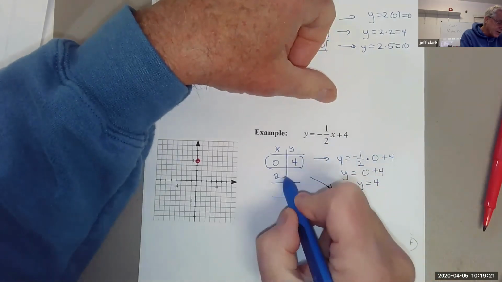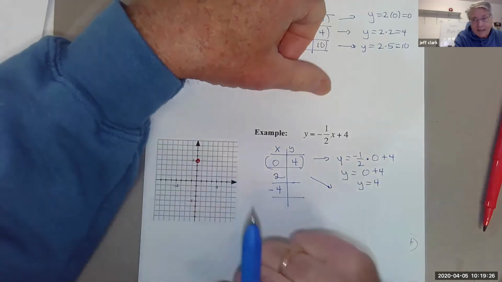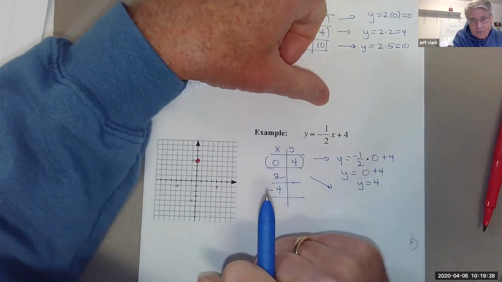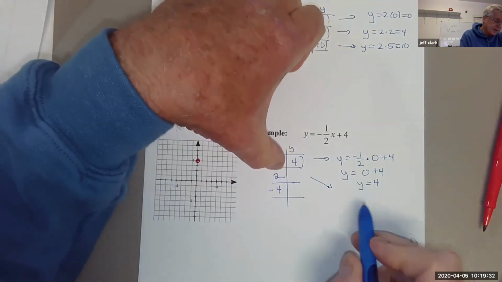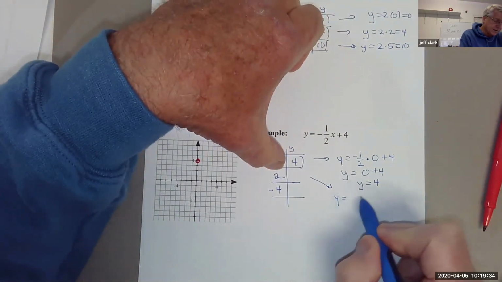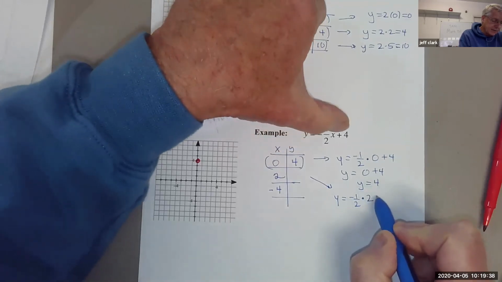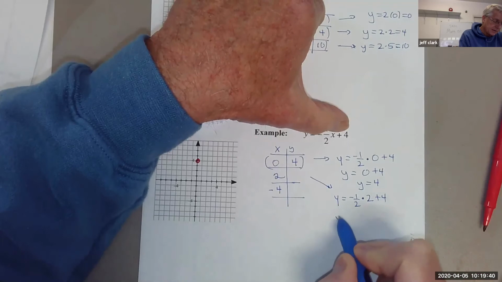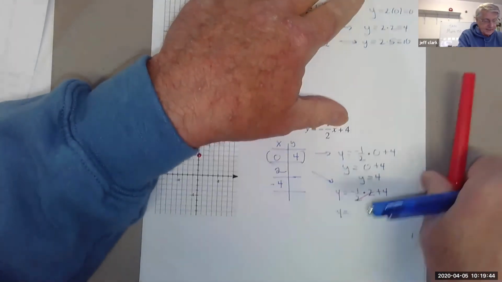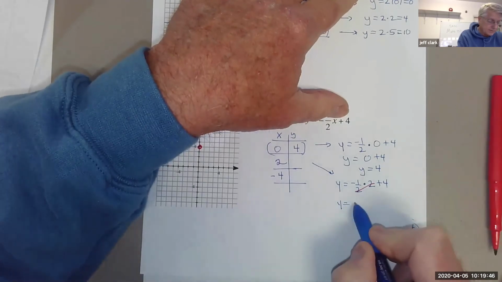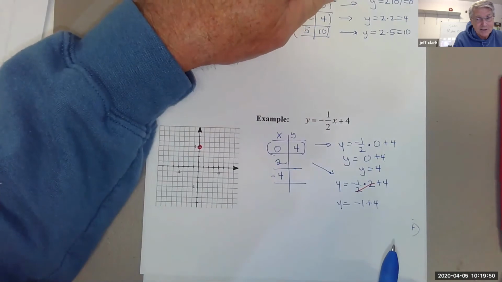If I pick a 2, and let's say I pick, oh, let's just for the heck of it, pick -4. So any multiple of 2 will make the denominator go away. So this one here, I go Y equals, okay, that's still -1/2, but times 2, and then plus 4 here. And these go away. You're still left with a -1 though. So much easier than having to deal with fractions though.